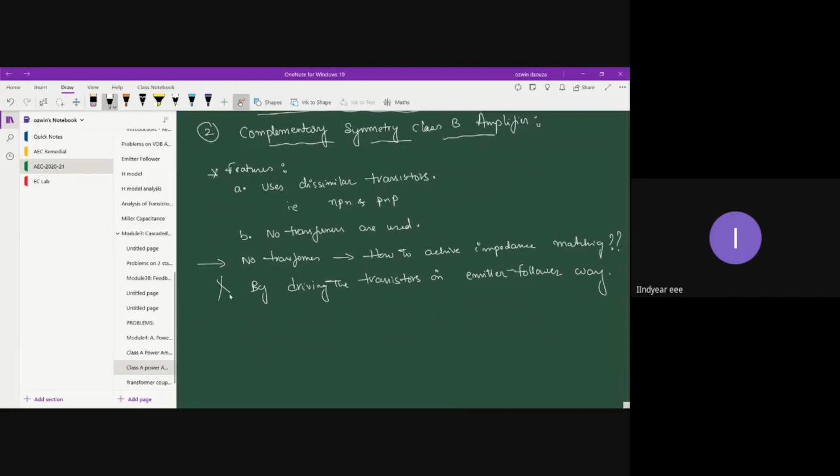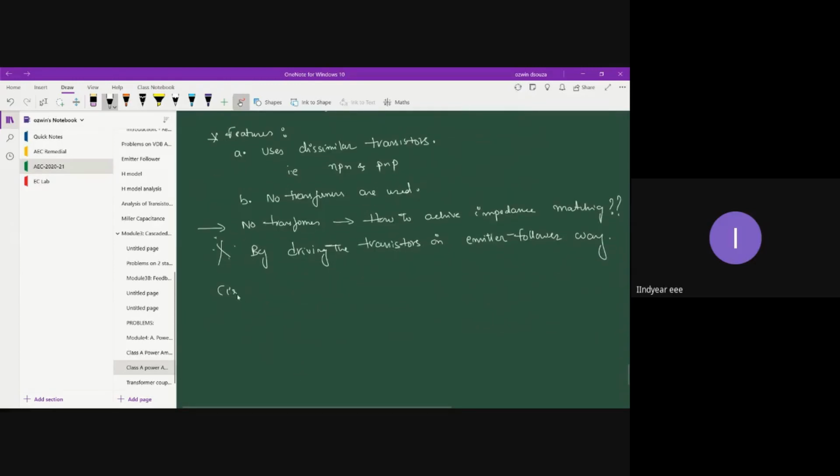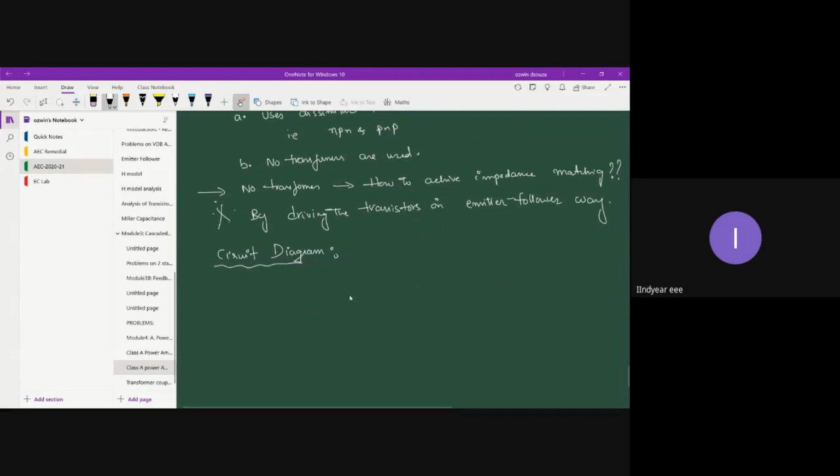Now let us look at the circuit diagram. Let me draw the circuit diagram. So this is the main circuit. The first transistor, let me consider it as an NPN transistor, say transistor Q1. The emitter of the first transistor is connected to the emitter of the second transistor. But the second transistor is a PNP transistor.